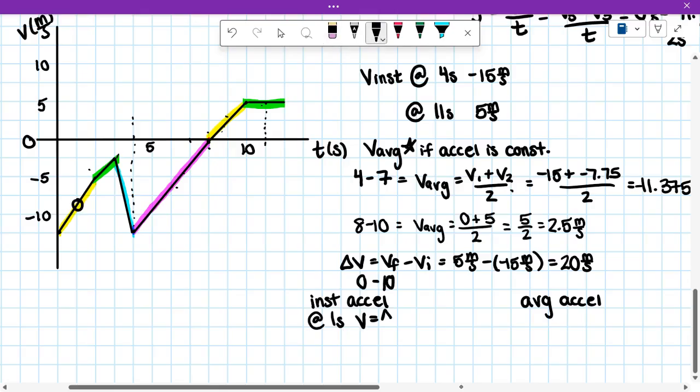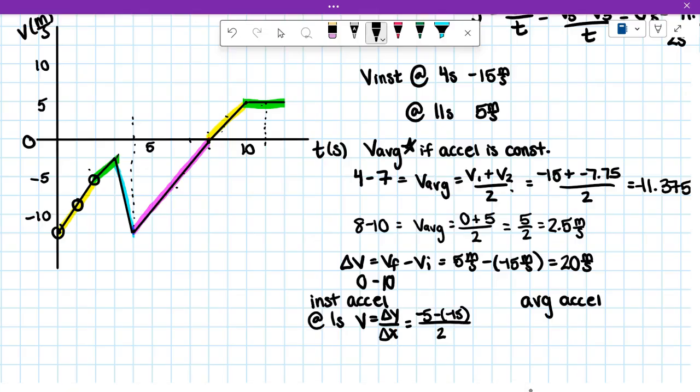So I would know slope is change in y over change in x, right? My slope equation. So negative 5 minus negative 15, all in 2 seconds. I'm going from here to here. So negative 5 plus 15, that gives me 10 in 2. So, right, am I doing math correctly?